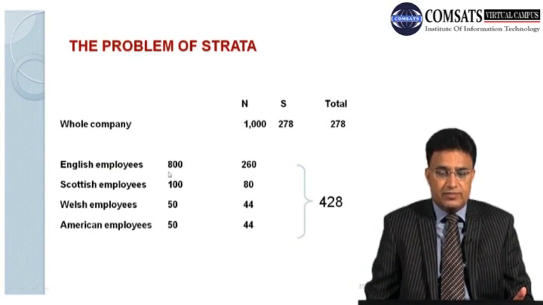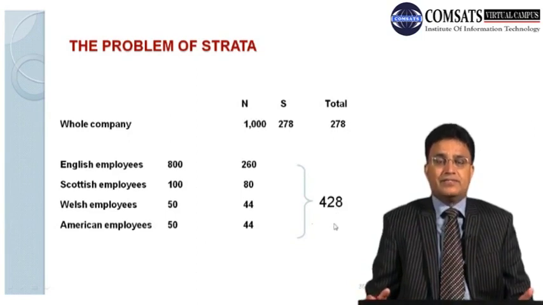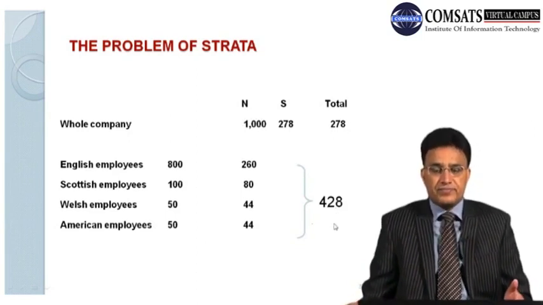That is the total number, this is the sample. And for 100 Scottish, you need 80 in your sample. And for Welsh 50, we have 44, and American 50 and 44. And then you see the total for this company would be 428. So it has actually increased. You see the difference?